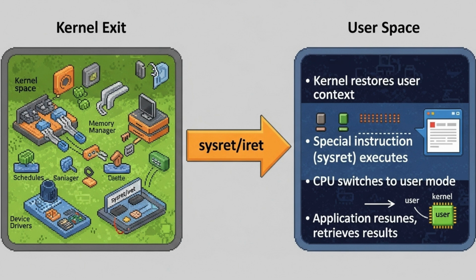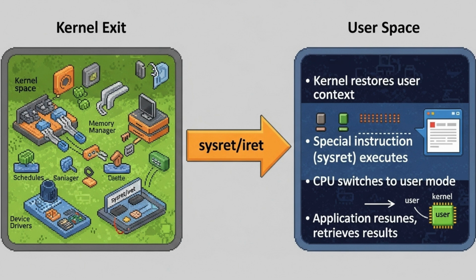It then uses a special instruction, often sysret or iret, depending on the architecture, to switch the CPU back from kernel mode to user mode. This instruction is designed to atomically restore the user's state and switch privilege levels, preventing any security vulnerabilities during the transition.